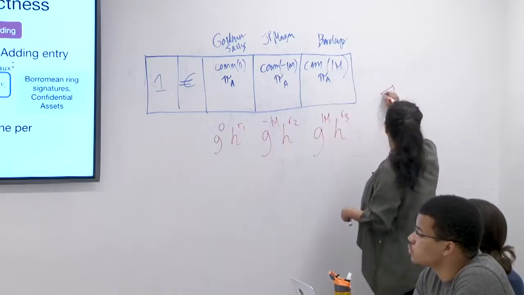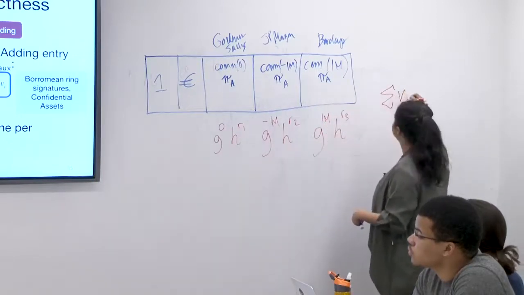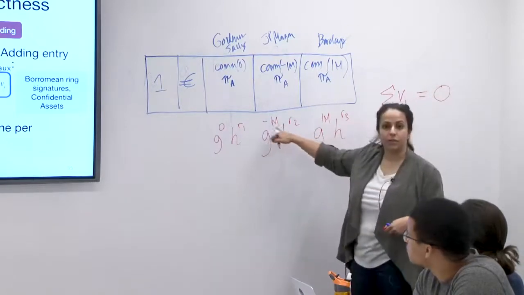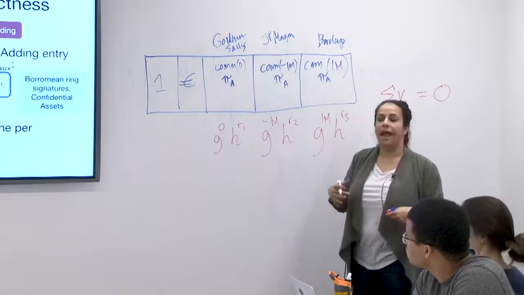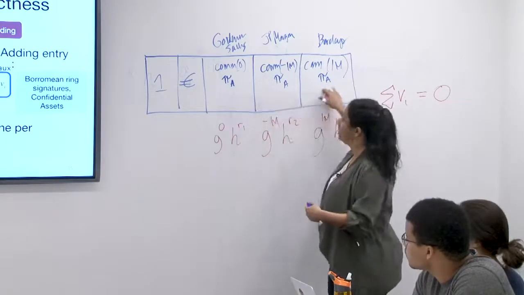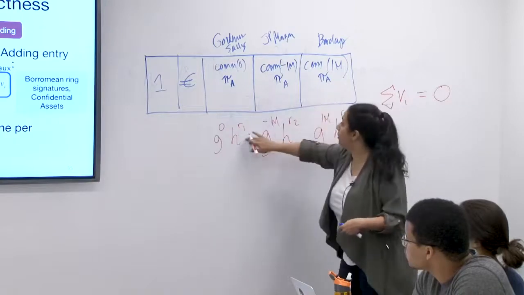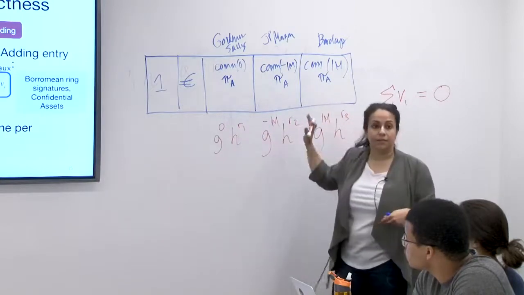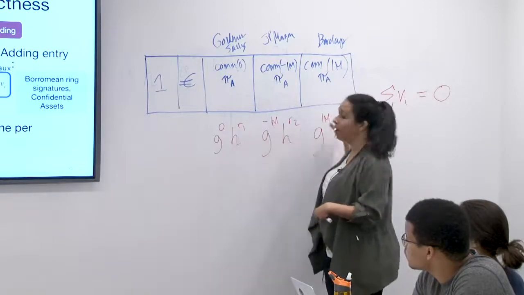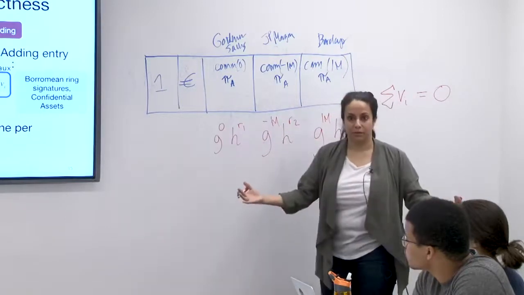It means that the sum of the v's is equal to 0. How can we prove that, given that all they're seeing are these commitments, the sum of the v's commit to 0? Well, let's just make the sum of the r's also commit to 0.